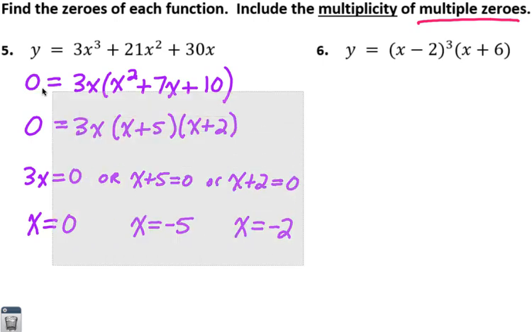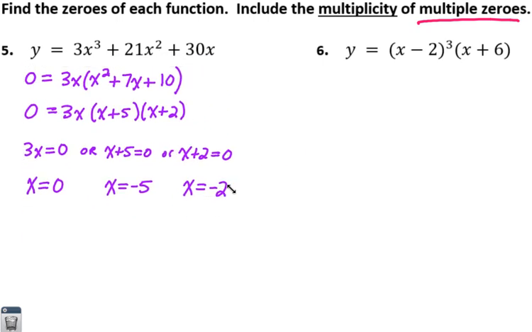And before I move on to number 6, let me just make a little more room at least. Number 6, here's the beauty of number 6. Number 6 is already showing its factors. So it looks like we have x minus 2 times x minus 2 times x minus 2 because of this power of 3.